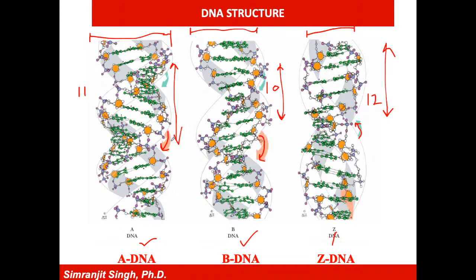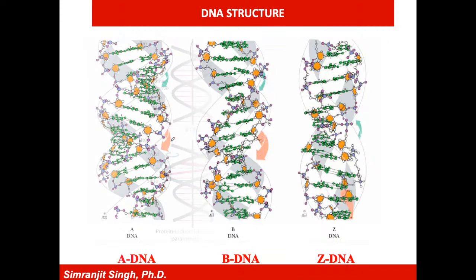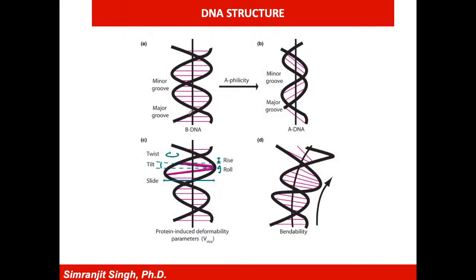Also, there's a difference between the major groove and minor groove. We will discuss each of them one by one. Before we go ahead, in the B DNA we can see that the minor groove is smaller, and the major groove is quite deep and thick. But in the A DNA, the minor groove becomes deeper and the major groove is the opposite.